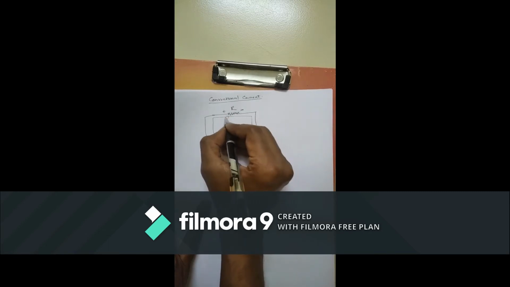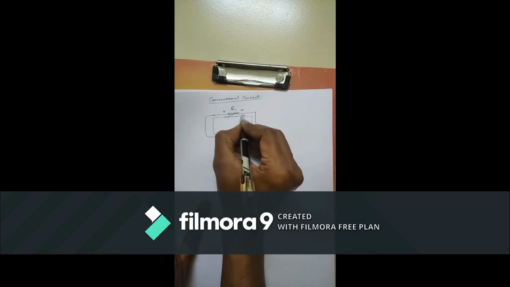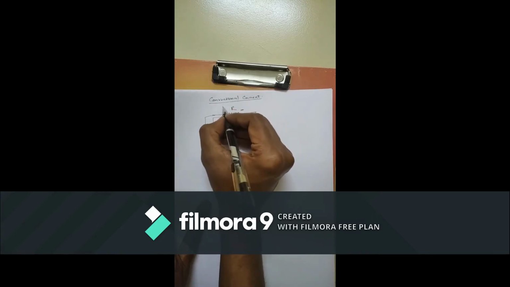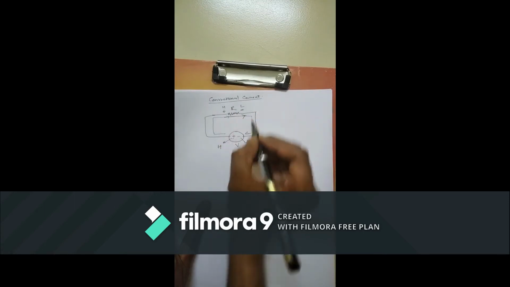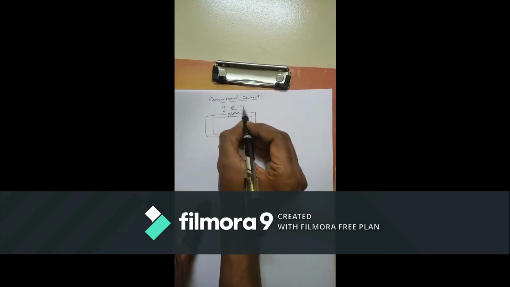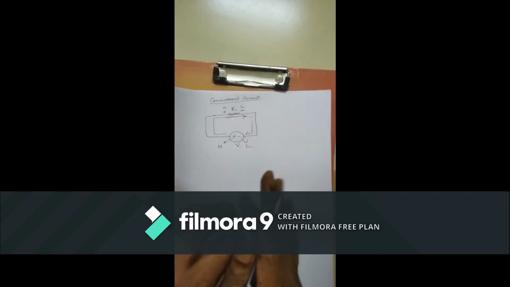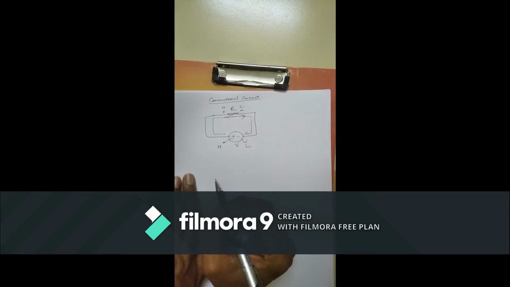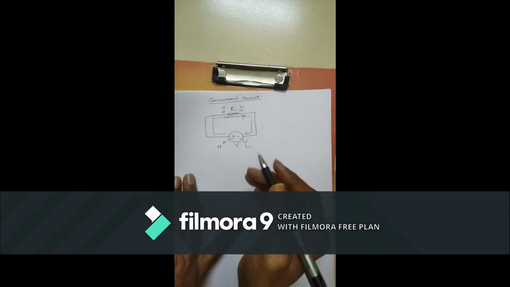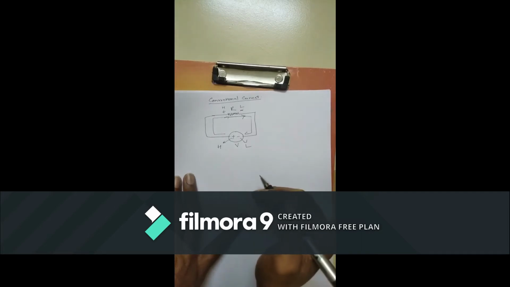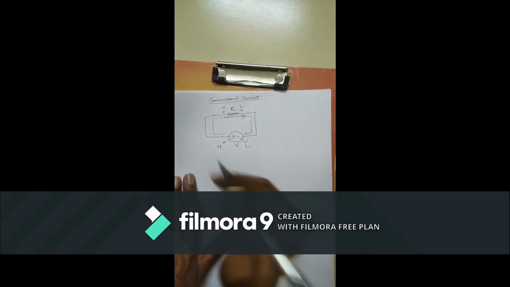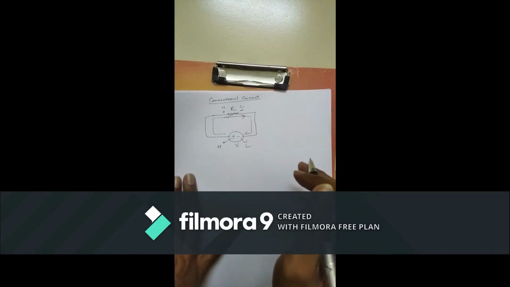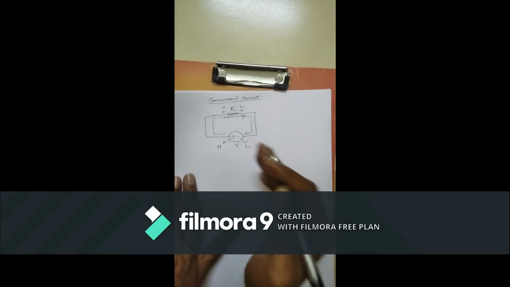Current is flowing from plus to minus, because I am assuming this is at higher potential and this is at lower potential, and current flows from higher potential to lower potential. This is simply my assumption. Nobody knows how current flows in the network. This assumption was made before the invention of the electron, during the 18th century. So this is the conventional way of defining the direction of current.